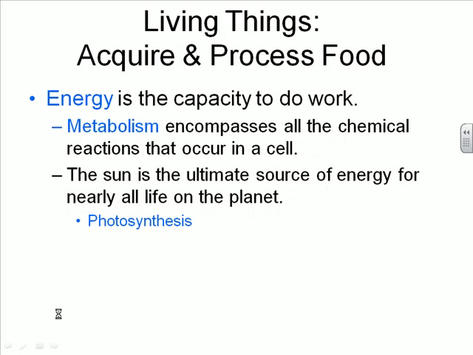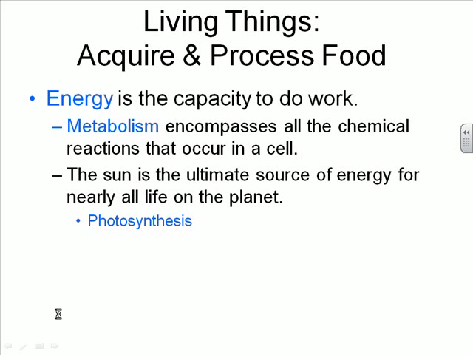So we know that living things are organized. Our second characteristic is that living things can not only acquire or get their own food, but they can then process that food. Now, why must living things get and process food? Because living things require energy, the capacity to do work. And that's not necessarily physical work, like you're thinking about getting up and doing work, but even your cells undergoing basic metabolism is considered work.